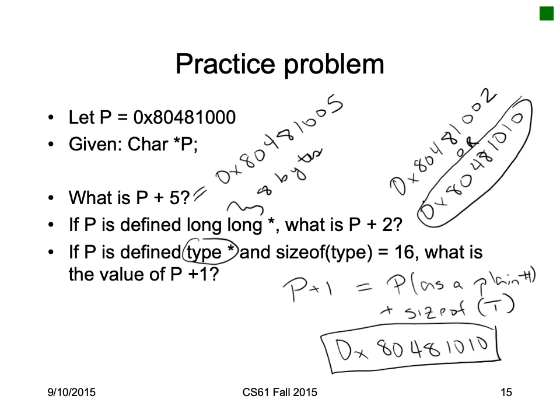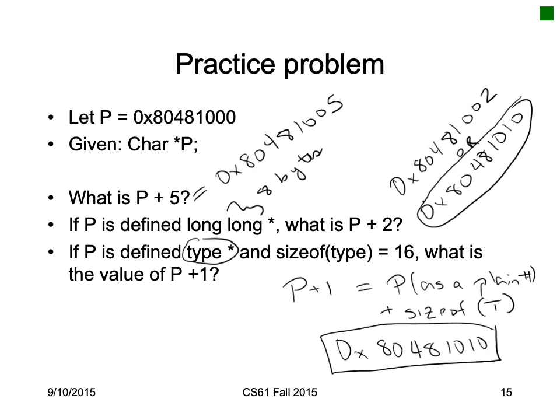But now, let's say that p is a long. A long is 8 bytes. So now, when I say what's p plus 2, what's it going to be? You have two choices.